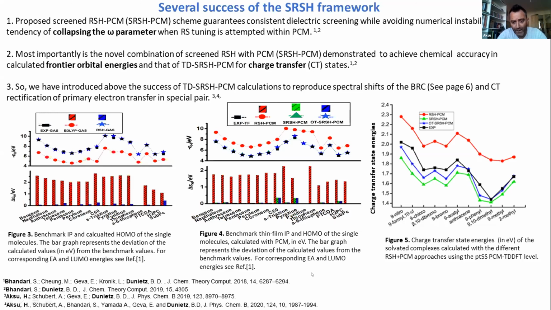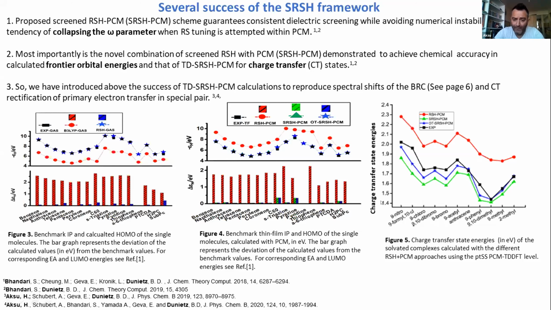On figure 4, we turn to SRSH PCM, showing the success of SRSH and OT-SRSH with small molecules and also in thin films, like C60, a strong acceptor molecule, and others. These are the HOMO and IP energies.